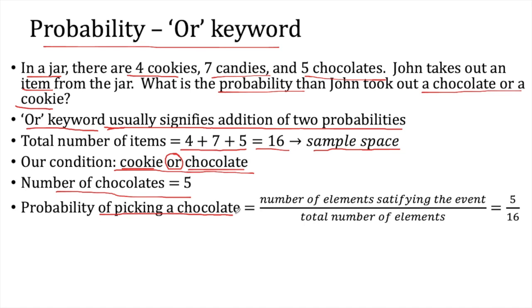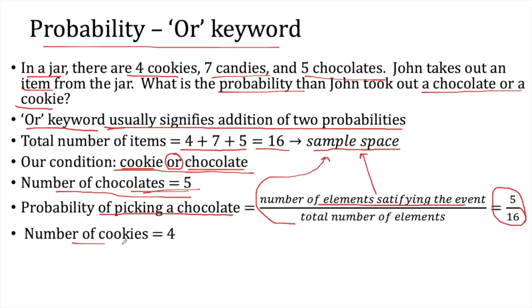The probability for a single event happening would just be the number of elements satisfying that event in the sample space, upon the total number of elements in our sample space. So the number of elements satisfying the event within our sample space is 5, as we have seen earlier. The number of chocolates is 5, and the total number of elements in the sample space is 16. So that is our probability for picking a chocolate from our jar.